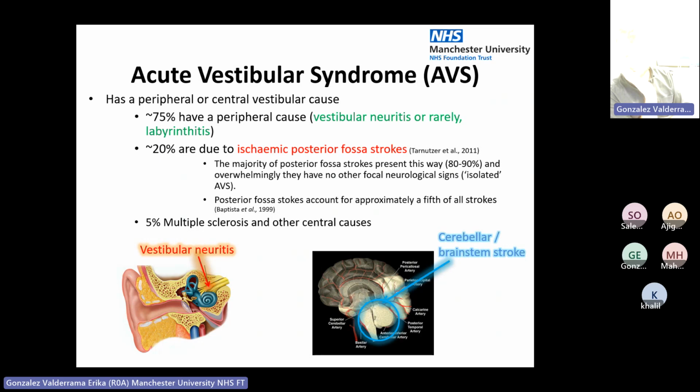There are often quite obvious cardiovascular risk factors going on, or a previous history of strokes, possibly. But it's possible for young people to have vertebral artery dissection and have a sudden posterior fossa stroke and present only with vertigo. That is entirely possible. It's rare, but it's entirely possible. And posterior fossa strokes are largely ischemic, and they're approximately a fifth of all strokes.